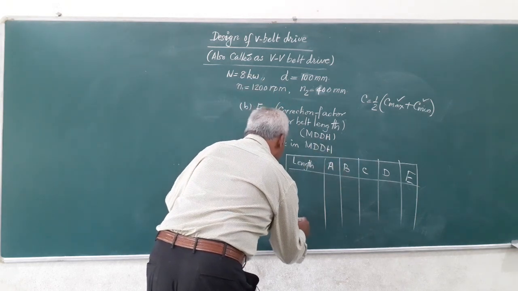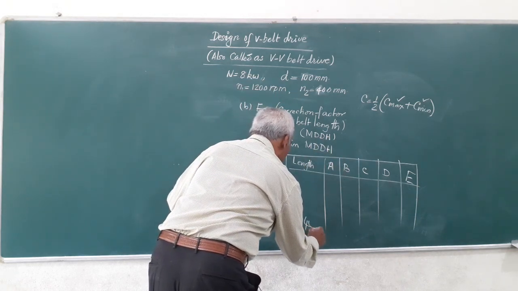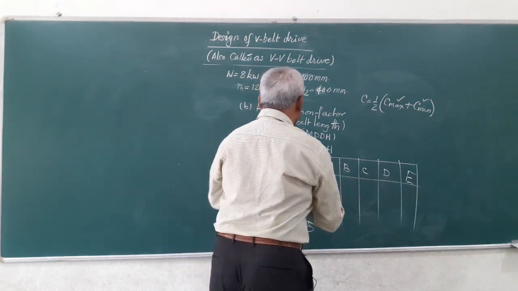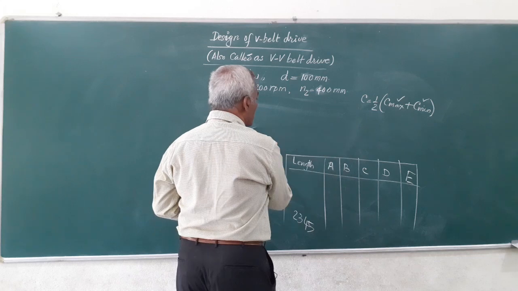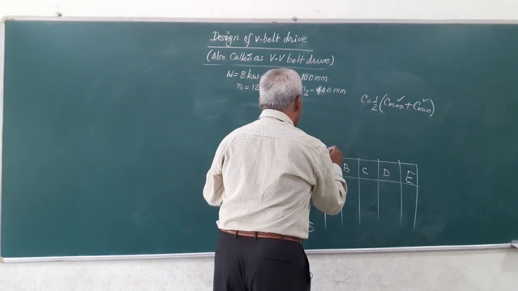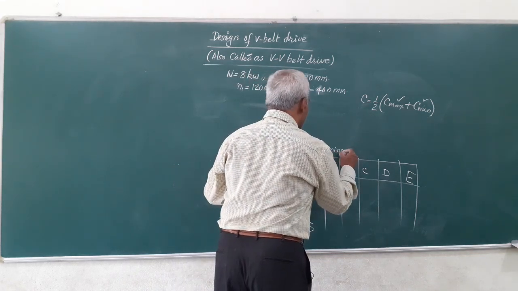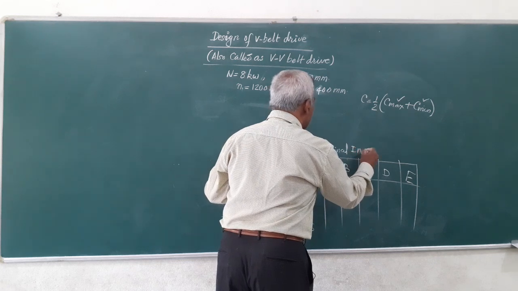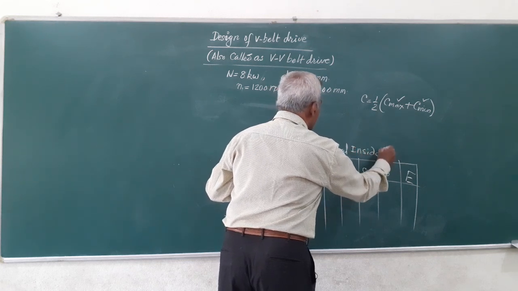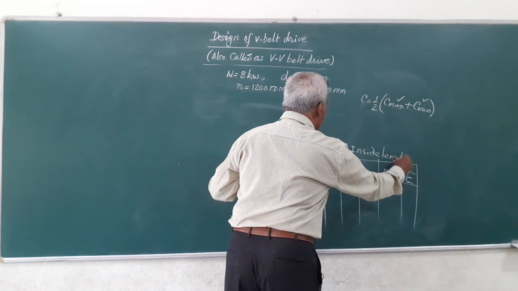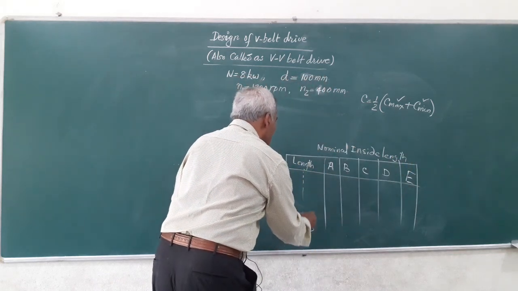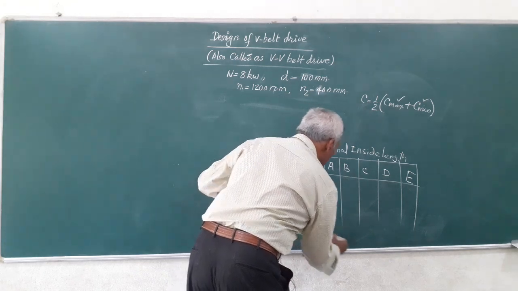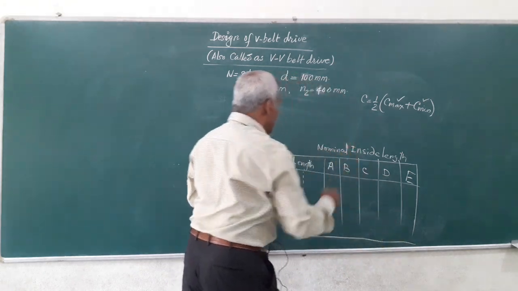Suppose say 2345, you will get what should be the nominal inside length of belt. This table will give you the nominal inside length of belt. So friends, corresponding to every length you have the value of this nominal inside length.